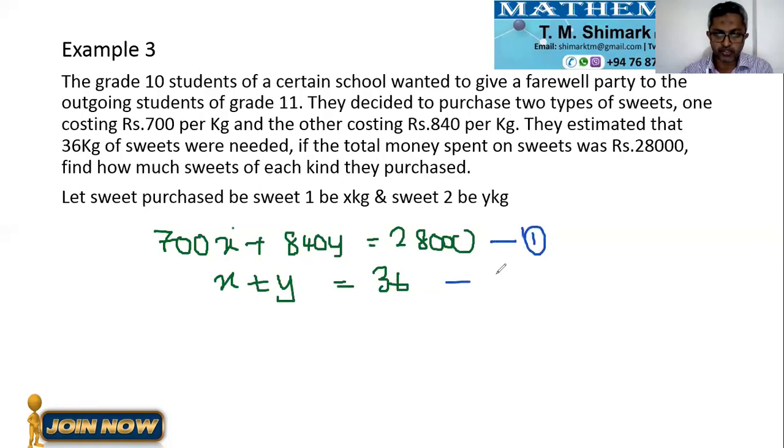I'm going to do equation 2 here. So now what will we do? Am I going to multiply the second equation by 840 or 700 and eliminate y or x? Is it the way, or am I going to do something else? Take equation 1 and divide that by 10 on both sides, right?